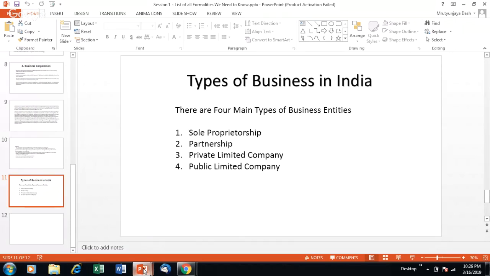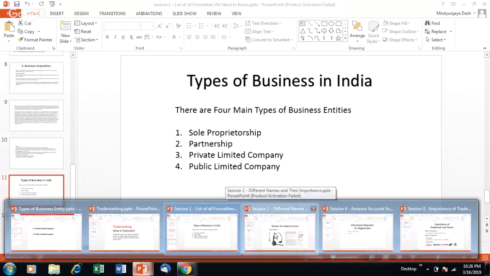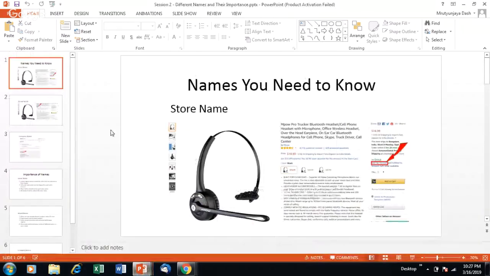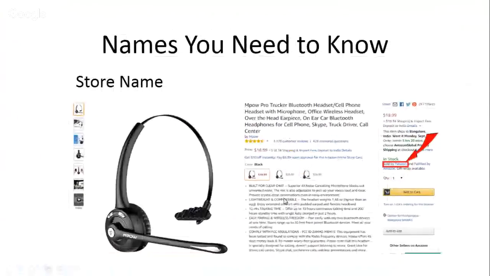Now, let's talk about what you need to know within Amazon. There are certain names inside Amazon, so you have to be clear what those names are.